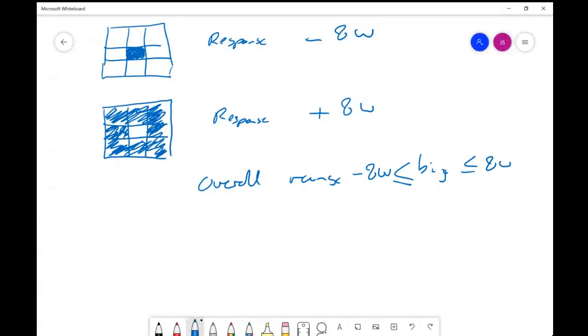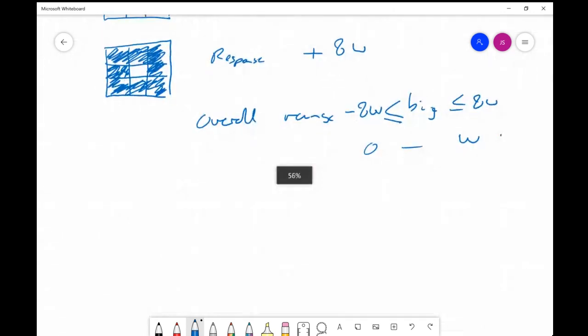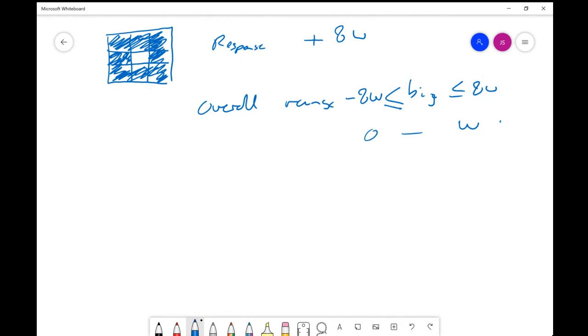But we might think, and I won't write this down because this is what you don't do, but it might occur to some of you, if we want to bring this in the range 0 to W, if I were to add 8W to this Bij pixel, it would then have a range of 0 to 16W, and then divide the whole thing by 16, we would be down to 0 to W. So that is a possibility, but it won't work, for the same reason that we had with the image enhancement.